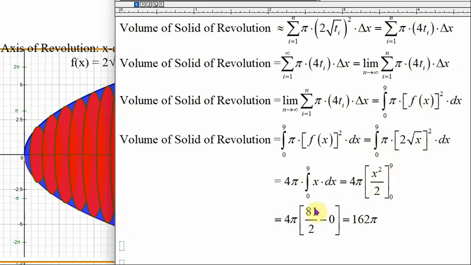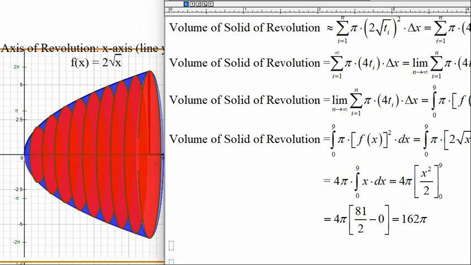When x is 9, we get 81 halves, and when x is 0, we just get 0. Simplifying everything, we get 162 pi. So the exact volume of this solid of revolution is 162 pi. And that's the end of the video.